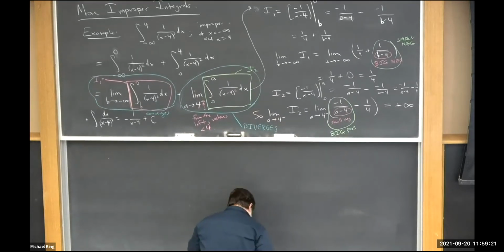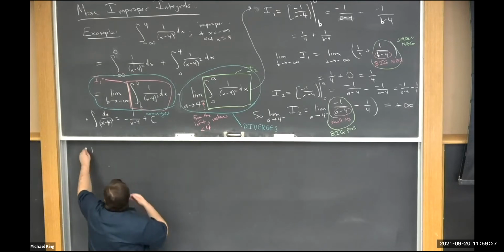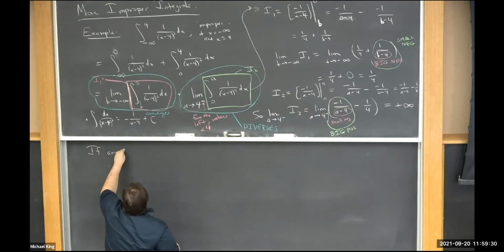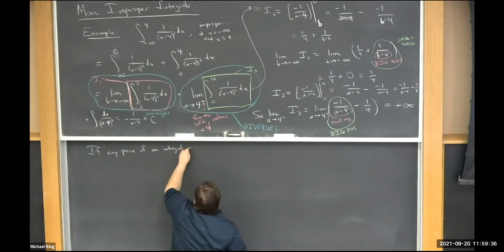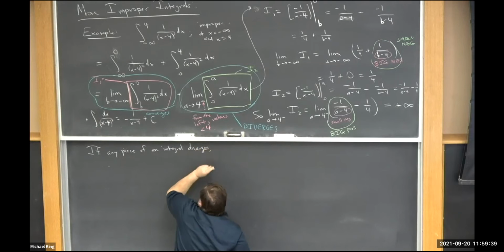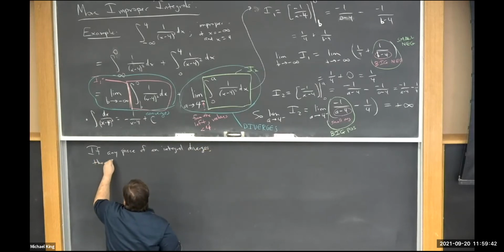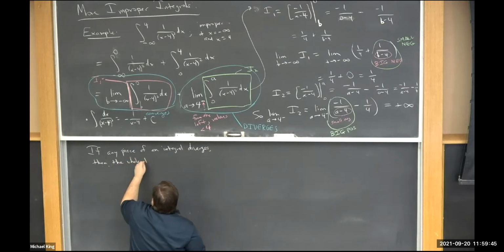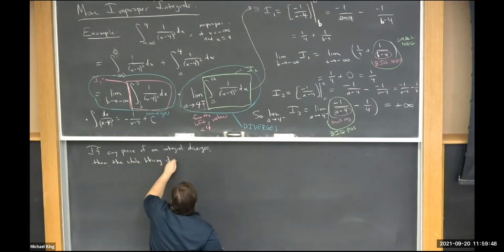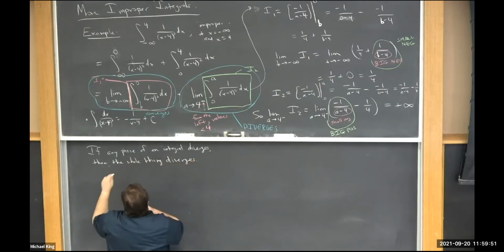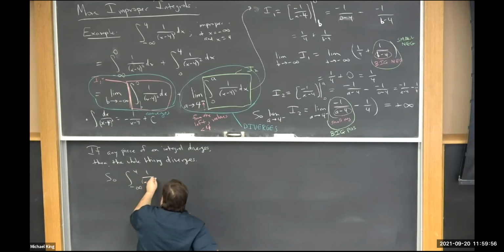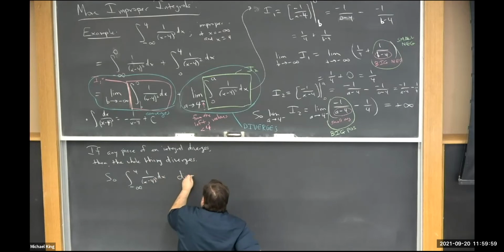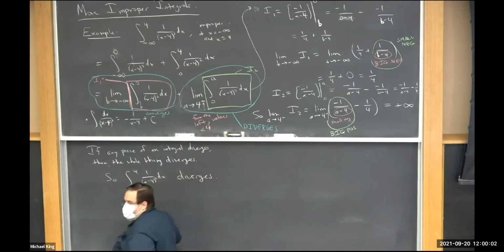So if any piece of an integral diverges, then the whole thing diverges. So that example up there, the integral from negative infinity to 4 of 1 over x minus 4 quantity squared dx, diverges.